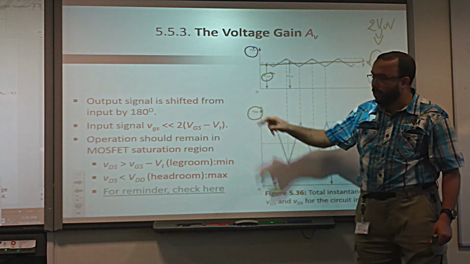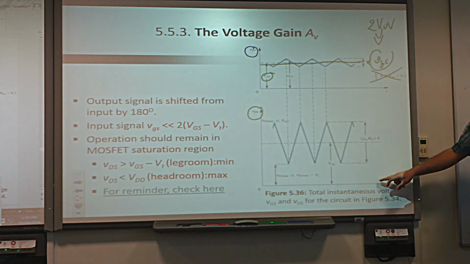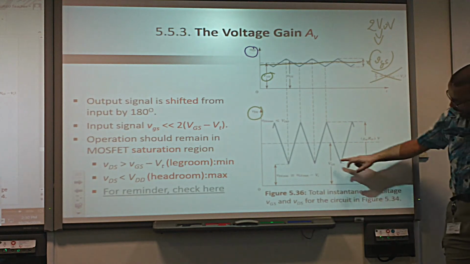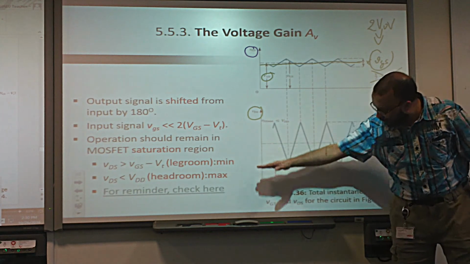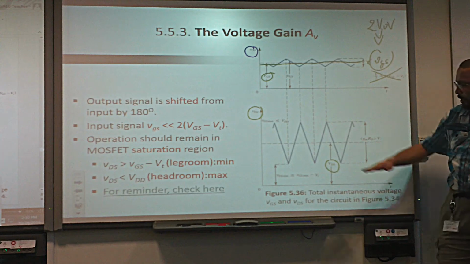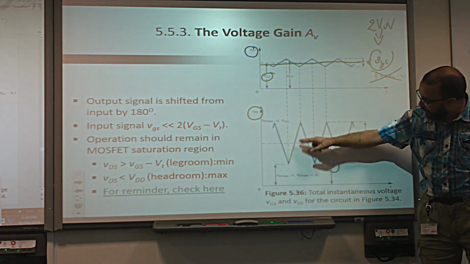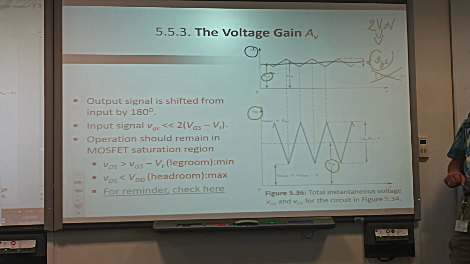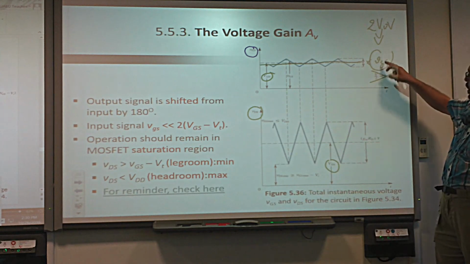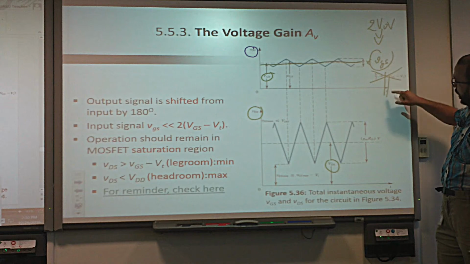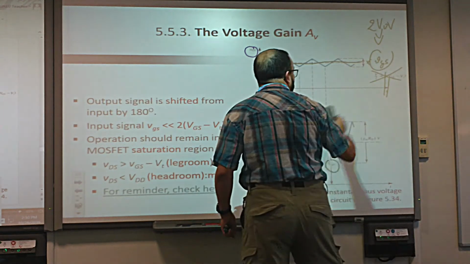The VDS also has a DC voltage, which is the depth of the output voltage. You see here? And on top of it, there are the waves, and these waves are the AC signal. How much is it equal to? It's equal to this times what?